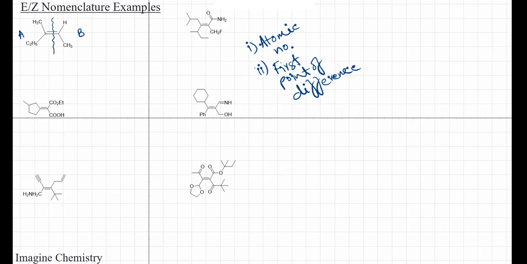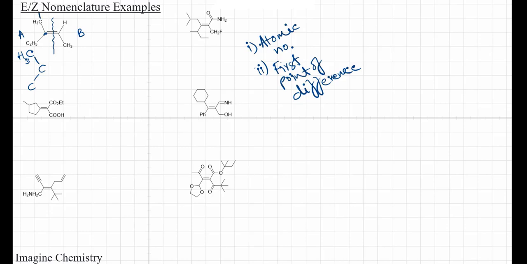So for the first part, here you see that on both sides this carbon is attached to two carbons, right? But the top carbon has three hydrogens attached to it, right?